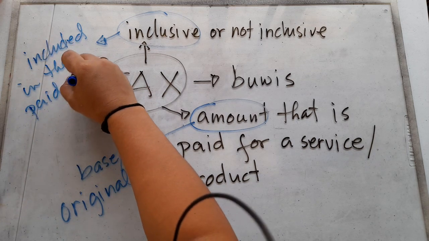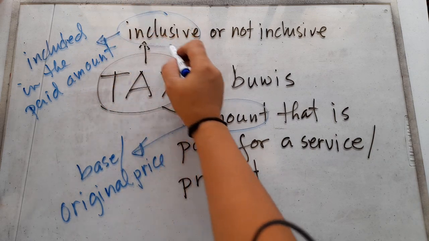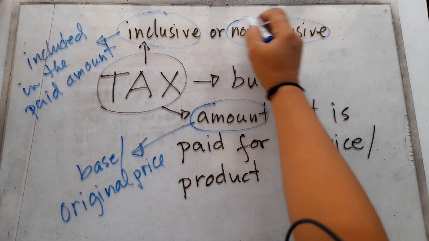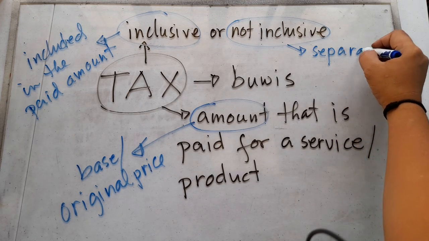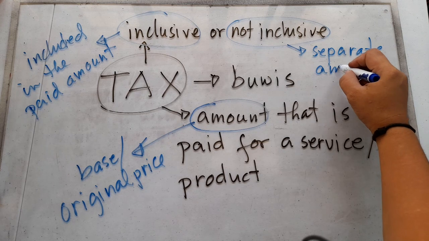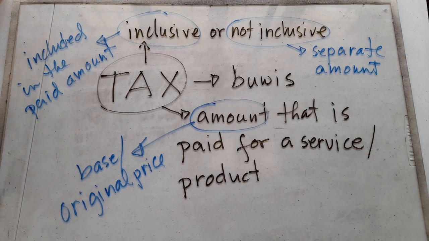Okay, yung binayaran natin, kasama na dun yung tax kapag nakita nyo yung salitang inclusive. Kapag not inclusive, syempre, hindi pa siya kasama, it's a separate amount. Okay? Importanteng malaman ninyo kung yung tax sa isang problem ay inclusive or not. Kasi, dyan ninyo ibabase kung either mag-a-add kayo, magsasubtract, or hindi.